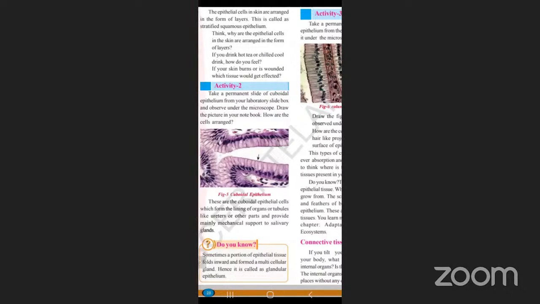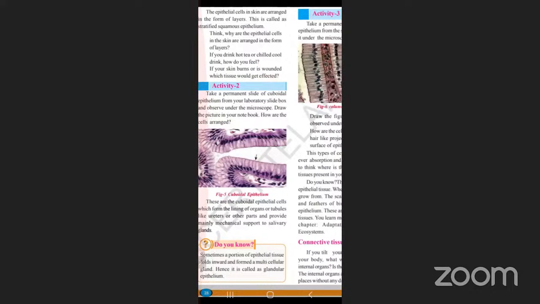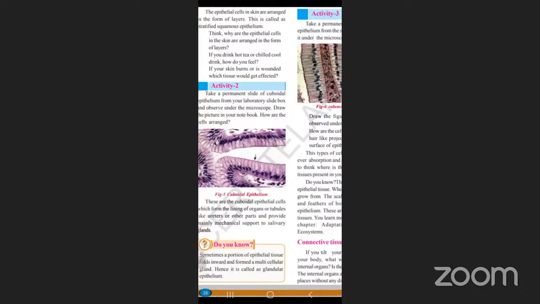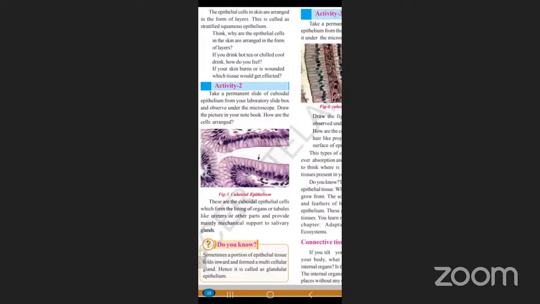See here, we are slowly getting the answers for the given question. How are the epithelial cells in skin arranged? They are arranged in the form of layers. This is called stratified squamous epithelium. What is that? Stratified squamous epithelium. Think why the epithelial cells in the skin are arranged in the form of layers.